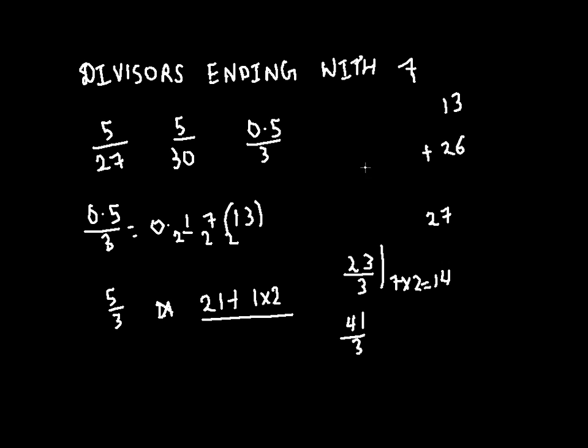Our base dividend is again not 213, but it is 20 plus 13, that is 43, which when added with 26 will give you 59. 59 by 3 now. So 3 19s are 57 and 2 is our remainder again. And the process can be extended.